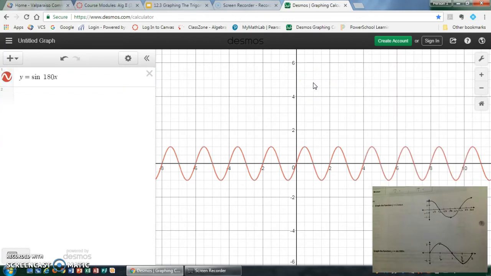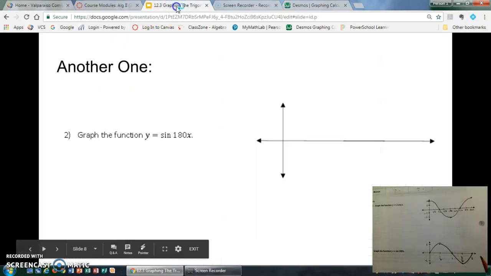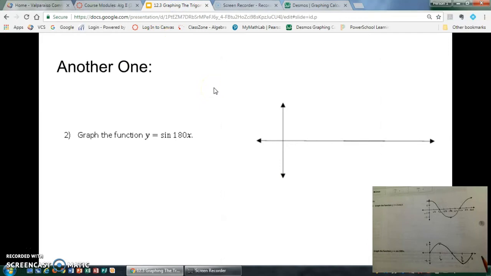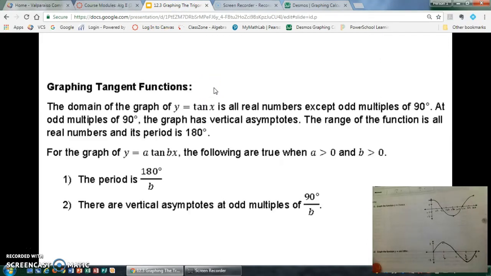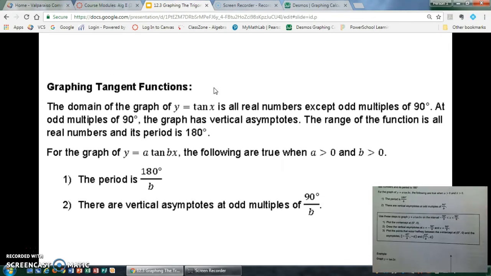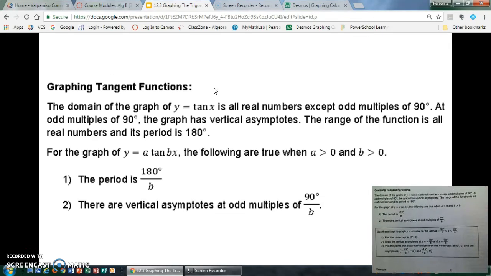And here's what we see, very similar to the graph that we have put together on our pencil and paper graph, where every 2 degrees this graph is going to go through one cycle. So the sine and cosine are very similar. Tangent has a slight difference to it, though.